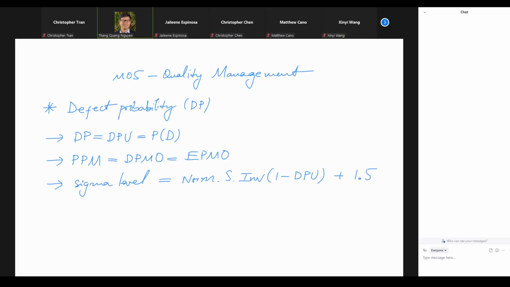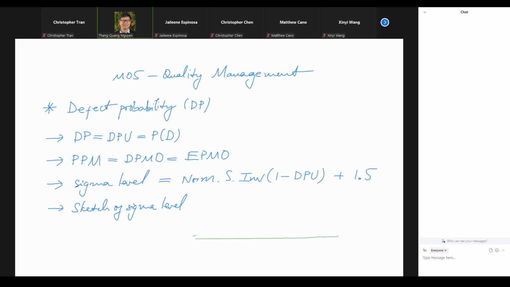And after we calculate the sigma level, we can always make a sketch of where it is. We would borrow the standard normal distribution like the following.